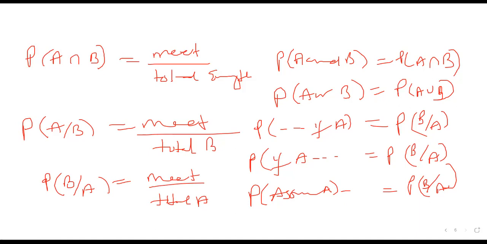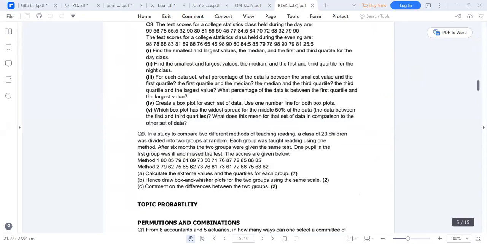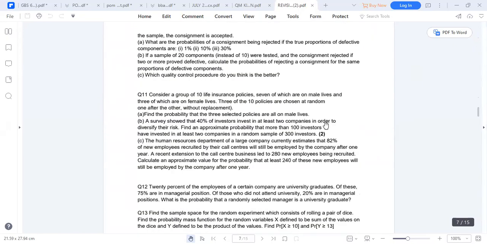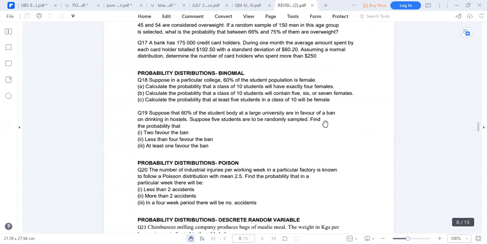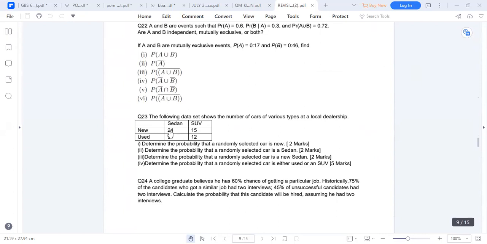Okay. So there's a revision kit that I once sent on the group. Let's review that revision kit. Question on conditional contingency tables. Here we are told that the data below shows a number of cars that are used in a local dealership.